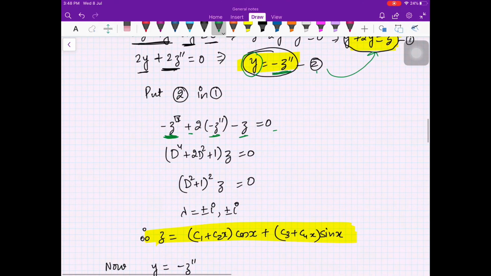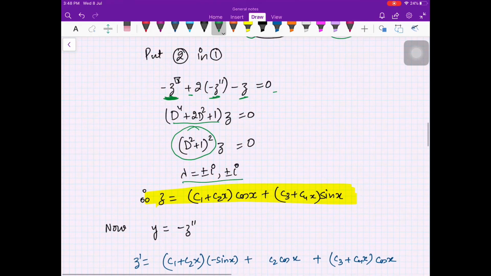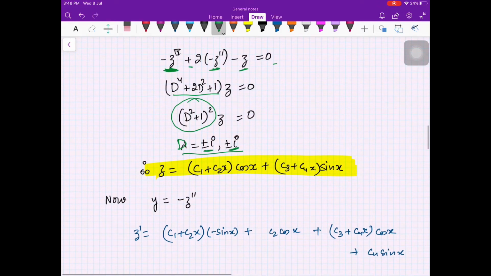So you can take the negative on the other side, and you will get (D^4 + 2D^2 + 1) operating on z is equal to 0. You can write this as (D^2 + 1) whole square. So your roots will be D equal to plus minus i, plus minus i. This is from the auxiliary equation. So your solution looks like (c1 + c2 x) cos x. This is how we solve differential equations with constant coefficients.